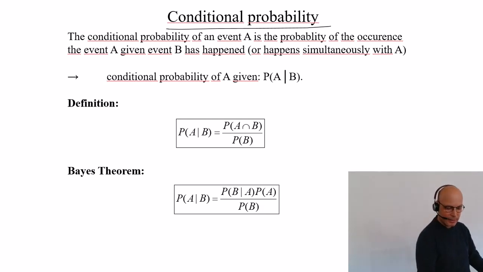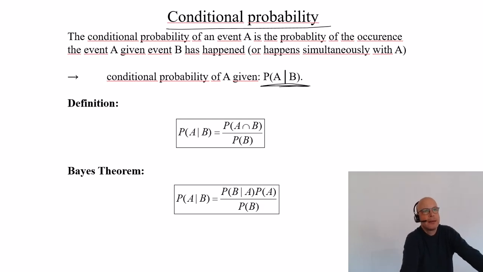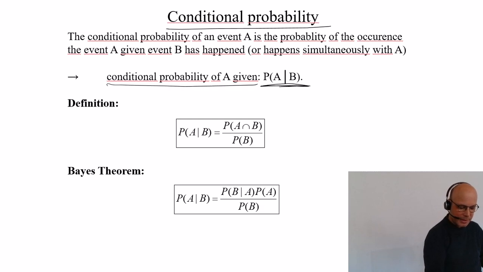And this is written with this vertical line. So this means the conditional probability of A given that B has already happened.